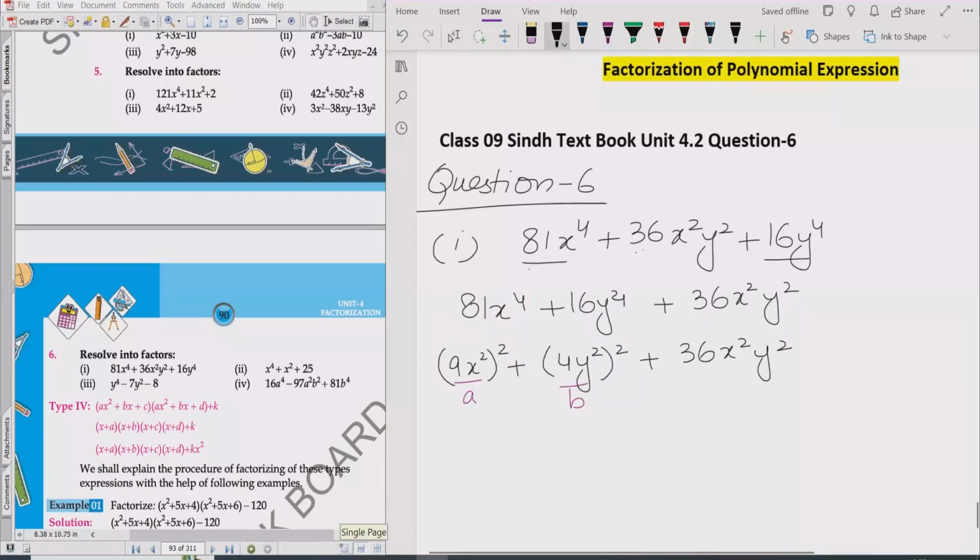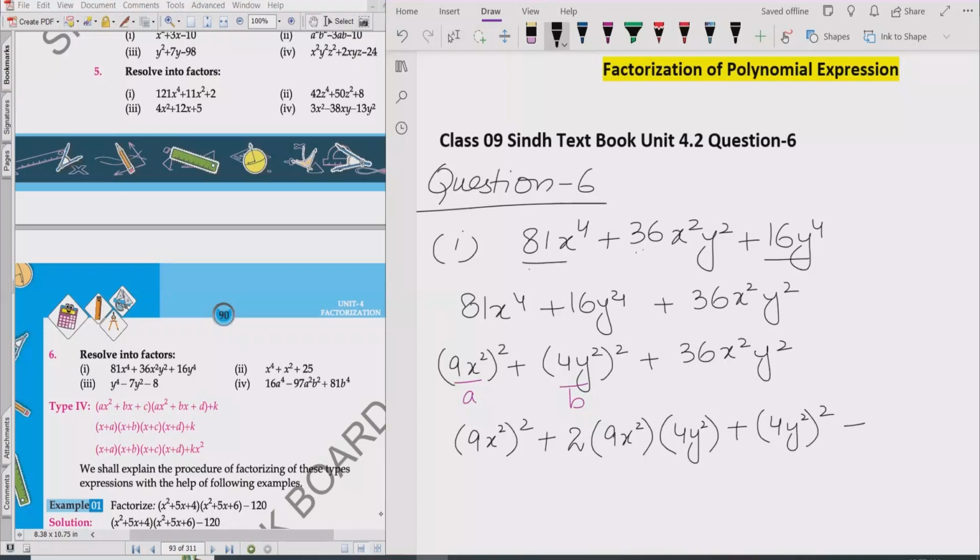So a is 9x^2, so we will write (9x^2 + 4y^2)^2 from the formula. Now a is 9x^2 and b is 4y^2, right?